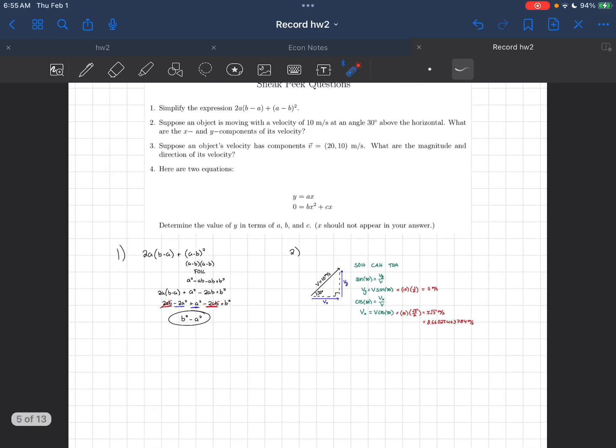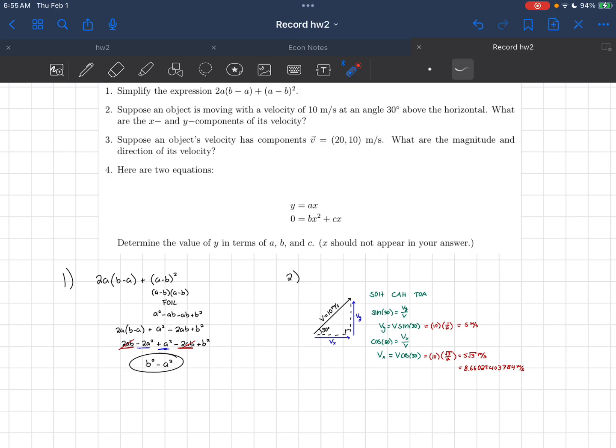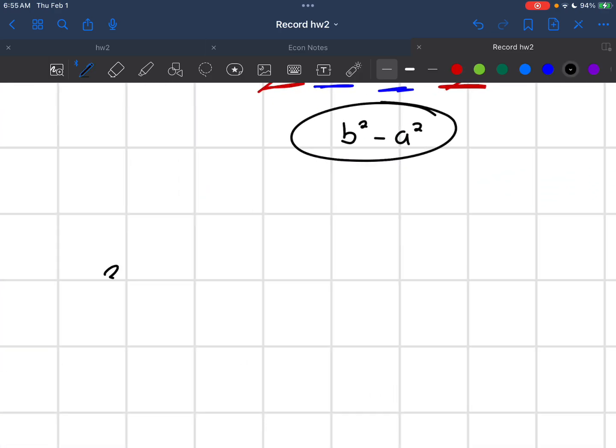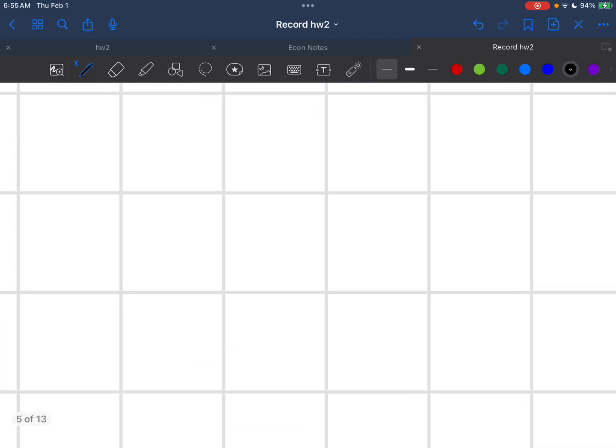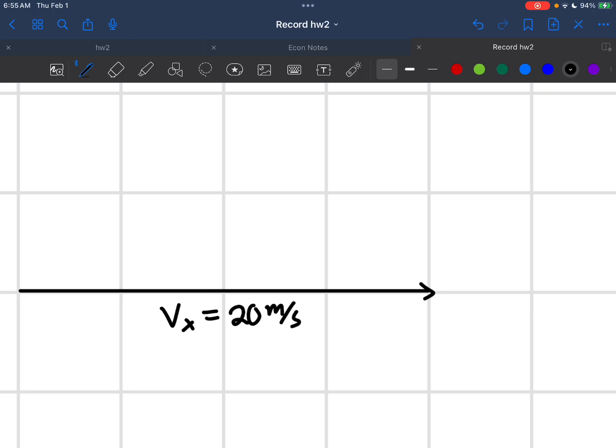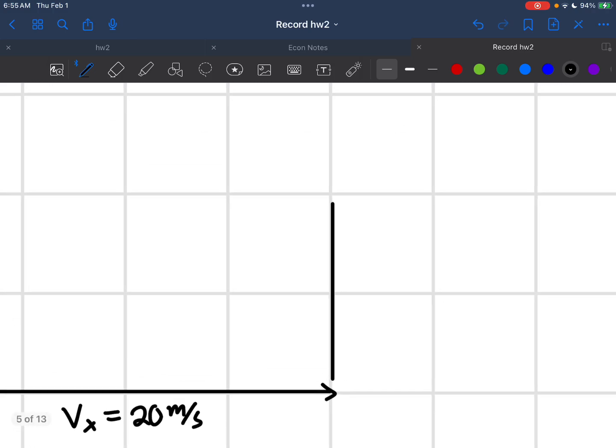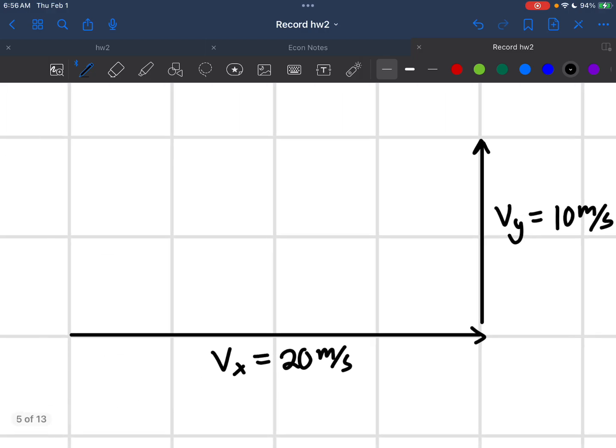Right. So, moving along, we now have velocity components, and we need a magnitude and a direction. So this is taking the procedure that we just did for this velocity vector and reversing it. Now I have vector components where it's going 20 meters per second in the x direction and 10 meters per second in the y direction.